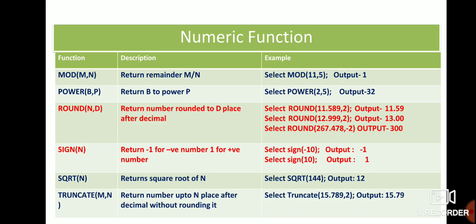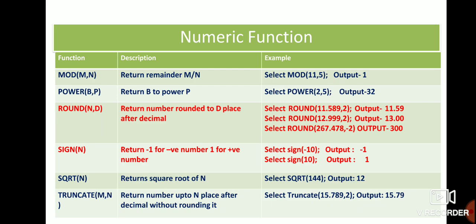It returns -1 for a negative number and 1 for a positive number. Like select sign -10, it is a negative number, so you will get the output as -1. And select sign 10, it is a positive number, so you will get the output as 1.